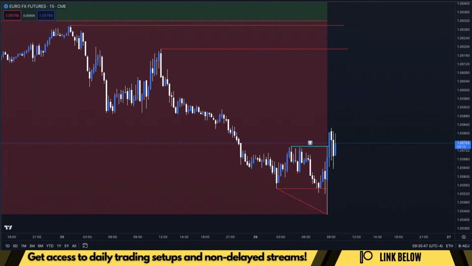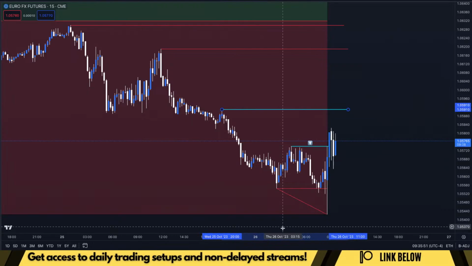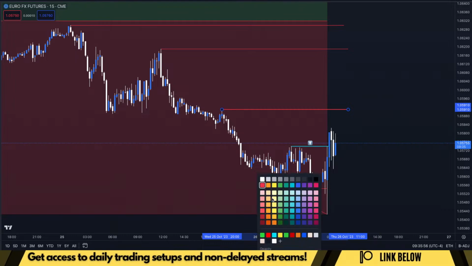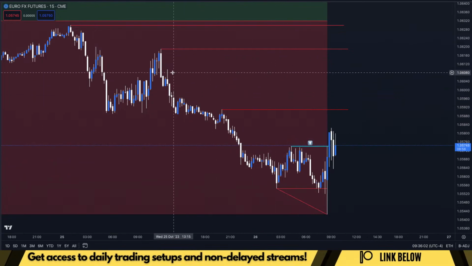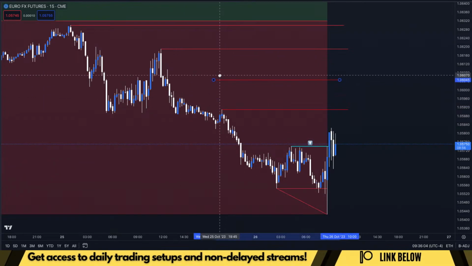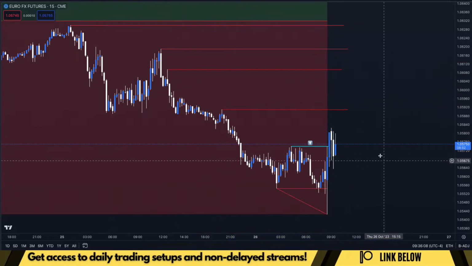So a potential pullback could be likely. But it really depends on the DXY as always. So the setup is there.